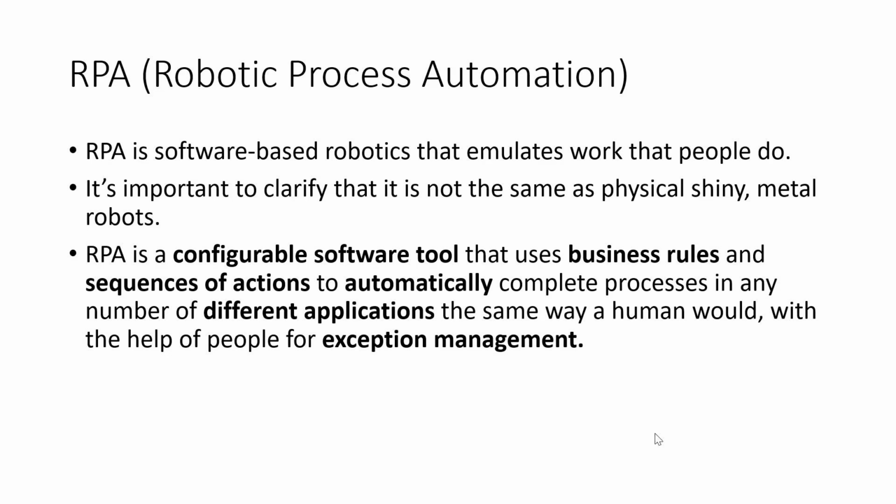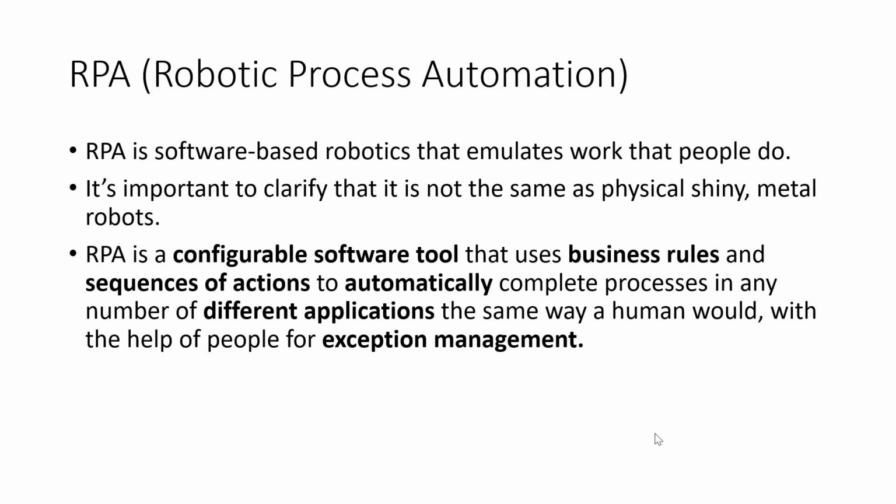In any number of different applications means, as I said, SAP might have been developed using some technologies. Suppose the company uses an in-house application; that application might have been developed using different technologies like .NET or Java. The applications might be developed in any technology, and we will still be able to automate using UiPath. So that's what we mean by different applications.